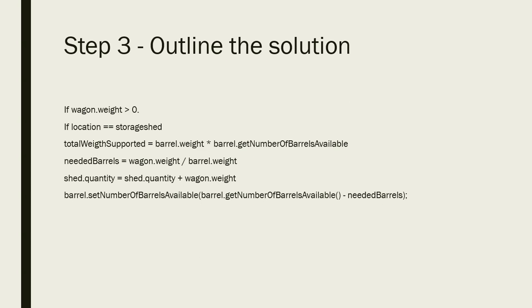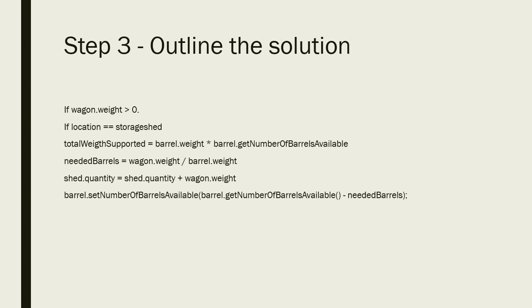Right after that, we're going to calculate the number of barrels needed to transport the whole amount, and we're going to check if there are enough barrels to do so. If everything goes right, we're going to set the quantity attribute in the shed object.